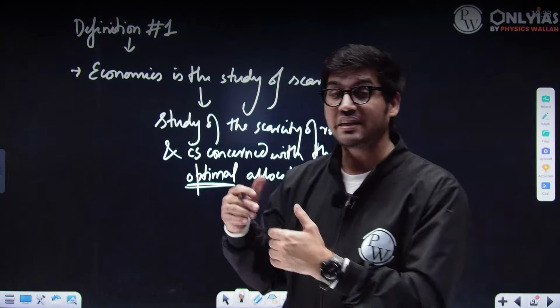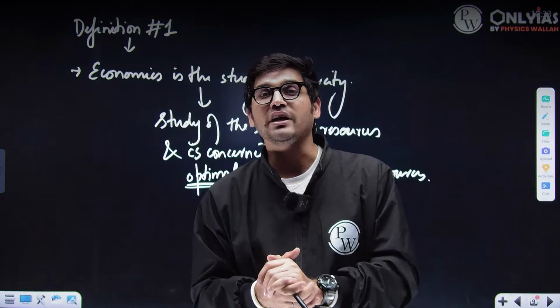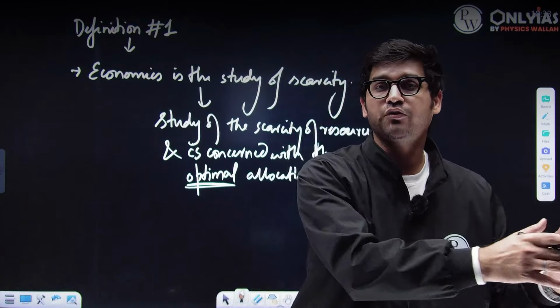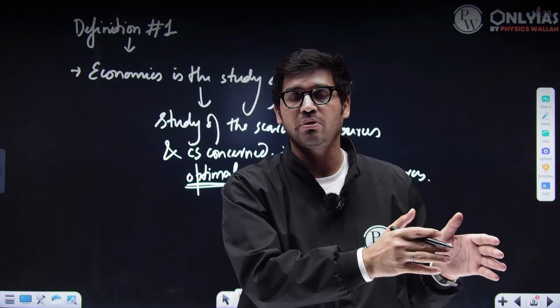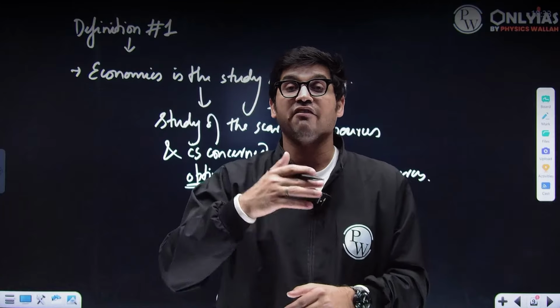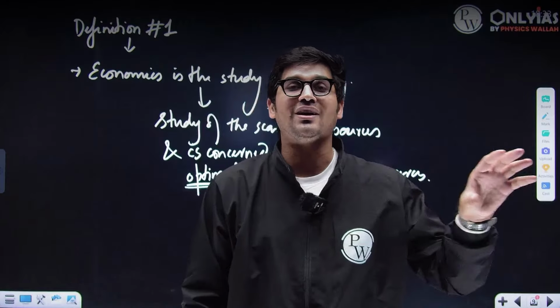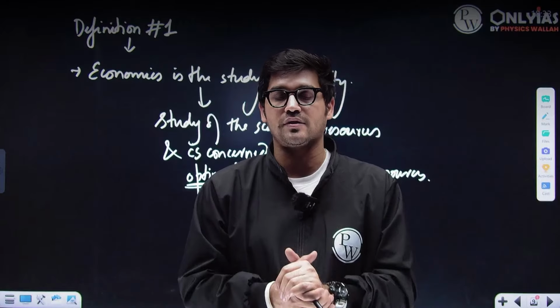Which means, for example, the government has to think how much money should be spent on food for the poor people. Because if we spend a lot of money on food for the poor people, that means the government will have very limited amounts of money to spend on other things. It will have to make a choice.